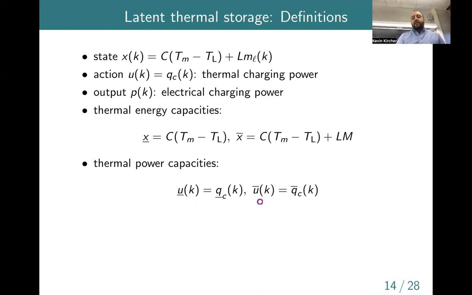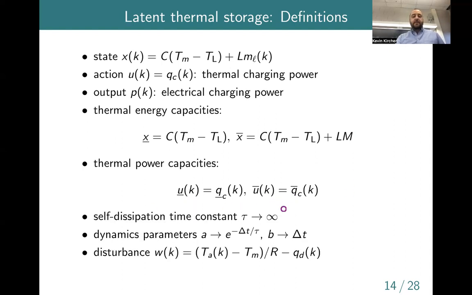Then we have thermal power capacities, same as the previous models. Interestingly here, because phase changes happen at constant temperature, more or less, the state of the tank, basically how much mass is melted or solid, doesn't really influence the losses in the tank.